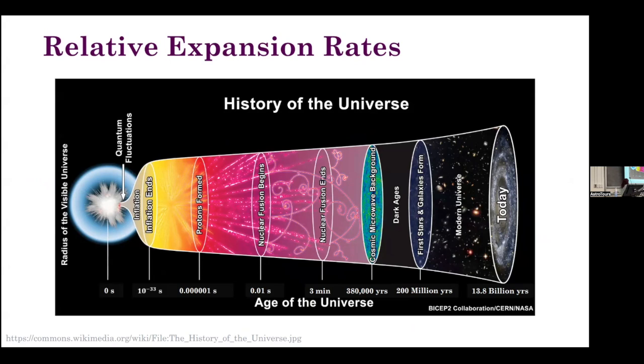So within that tiny period, you go from a bunch of stuff which we don't actually understand with our current model of physics to making up the tiny things like quarks that will then make up our protons and neutrons. And then within that first microsecond, we have all of our protons and neutrons formed.